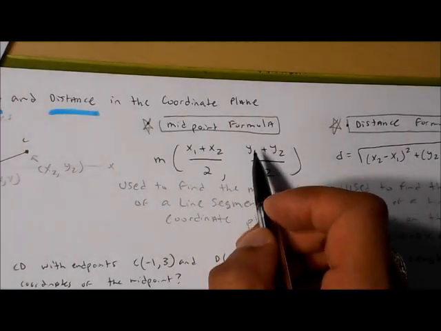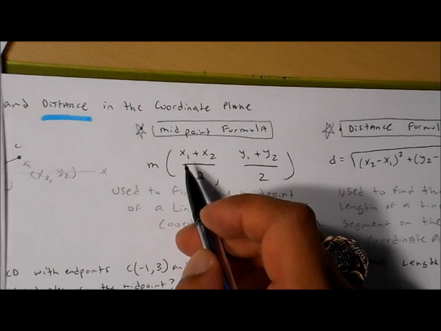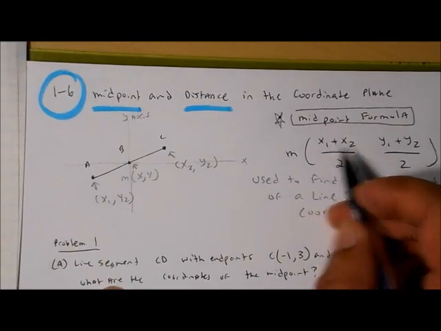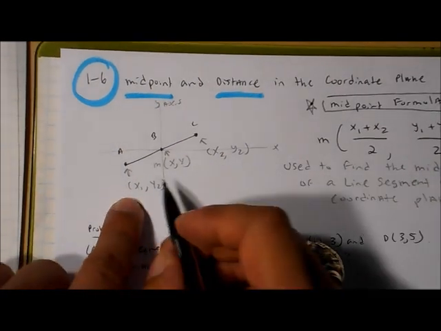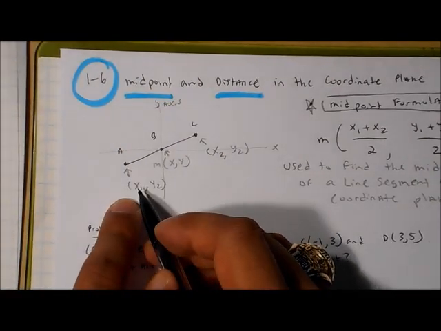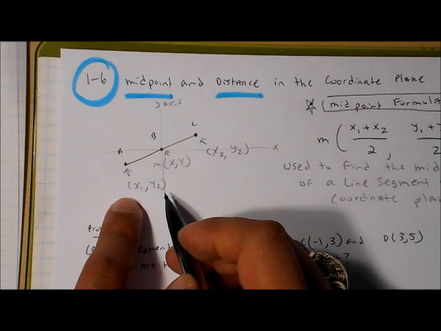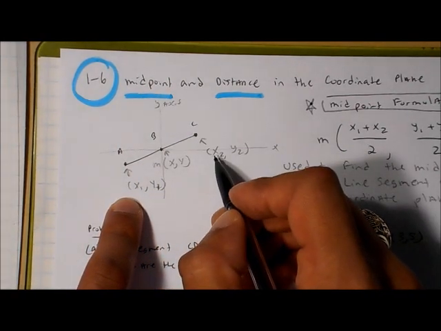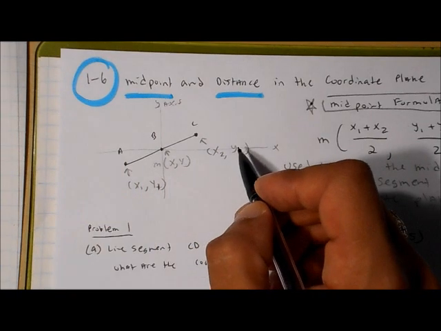So we're going to use the midpoint formula, which we covered in class, which is just the endpoints and their x and y's added together. So right here, one endpoint will be at x1 and y1, and our other endpoint will be here at x2 and y2.